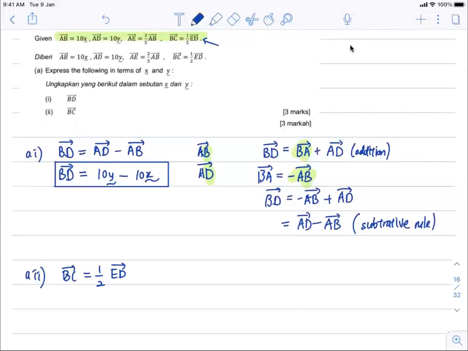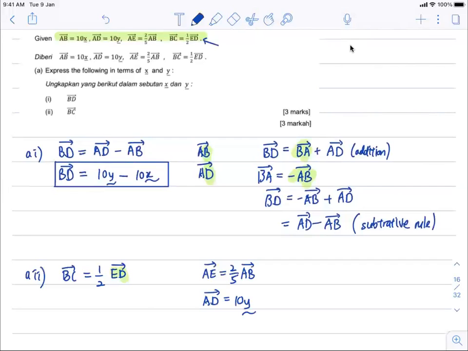Like before, we want to find the terms that have E and the terms that have D. For E, we can use the vector AE equal to 2/5 AB. And for D, we can use the term AD is equal to 5y.